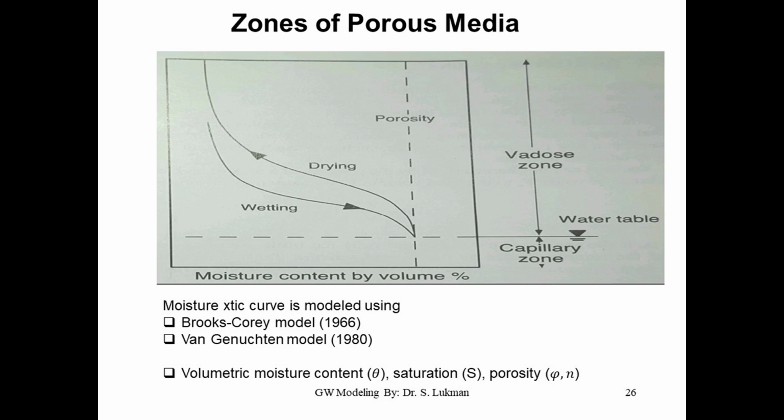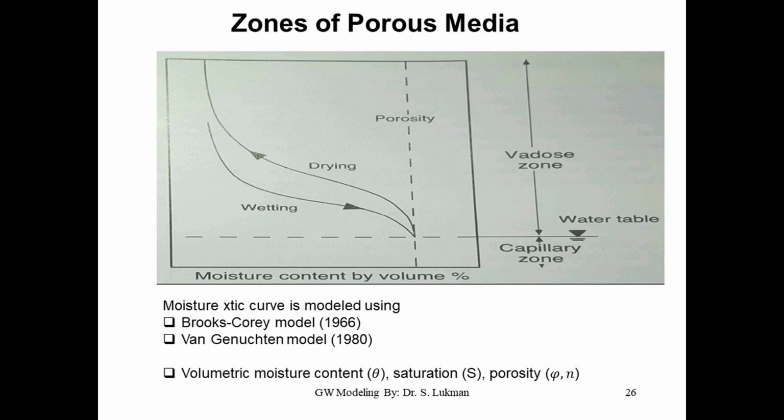So for the unsaturated zone, what will be the range of the values? It ranges from 0 to 1.